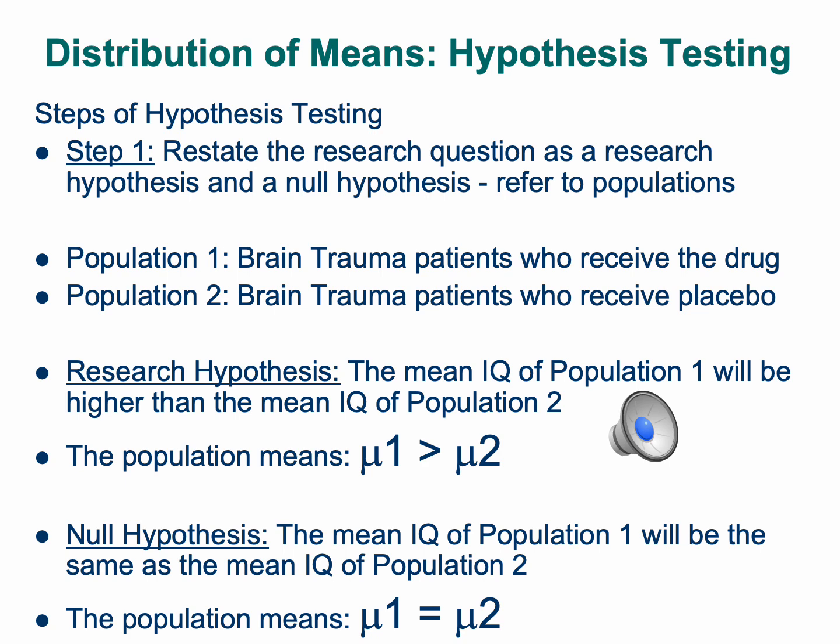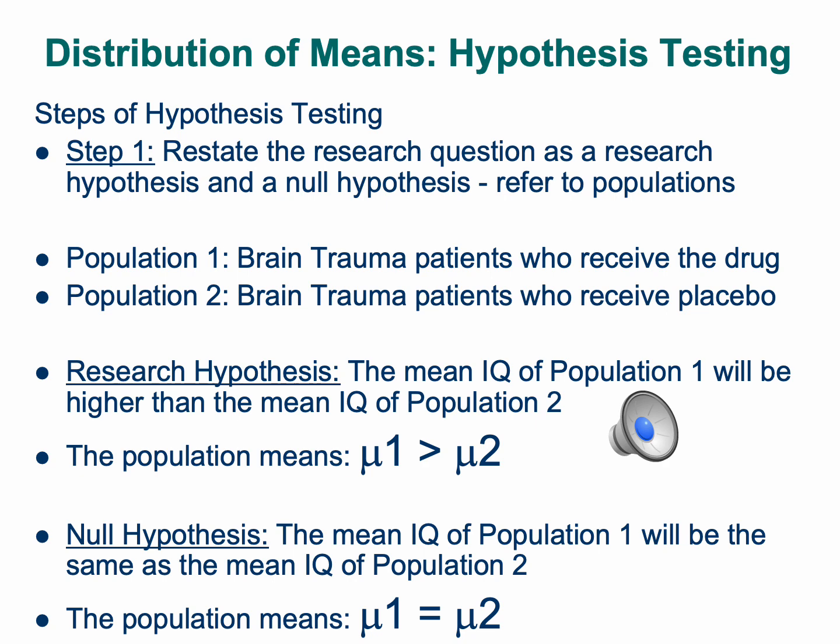So my hypothesis is that the mean IQ of population 1, those who get my drug, will be higher than the mean IQ of population 2, the control condition. And so when I express that in the symbols of populations, the population means mu1 will be greater than mu2. And mu is a Greek symbol used to represent the mean of populations.